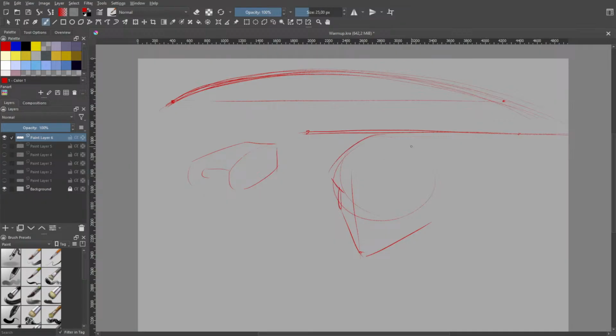Which is basically what I trained doing in traditional drawings, you know? So I have to get rid of that habit. And yeah, we'll see where we go from there. We'll see.